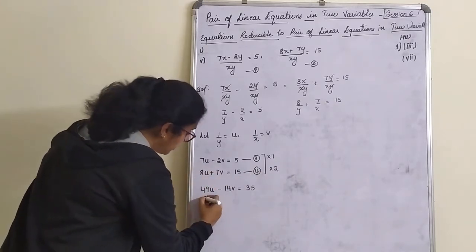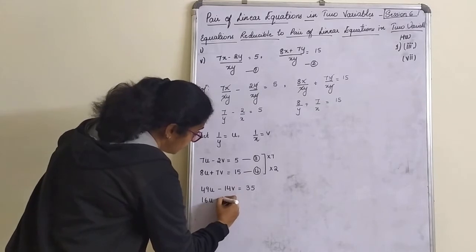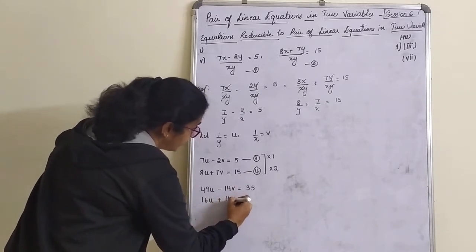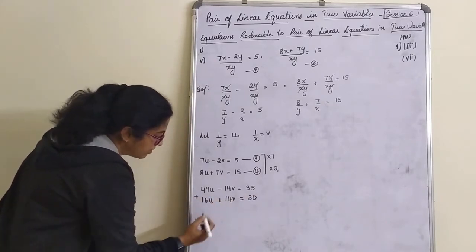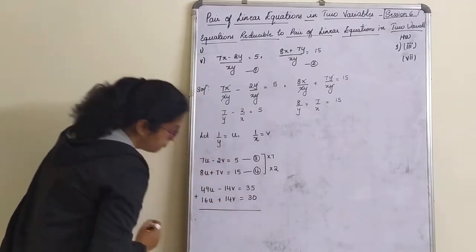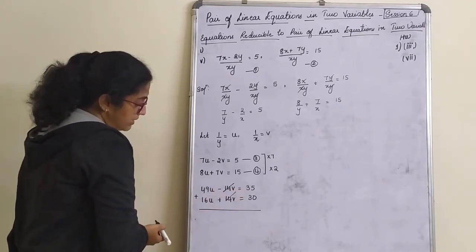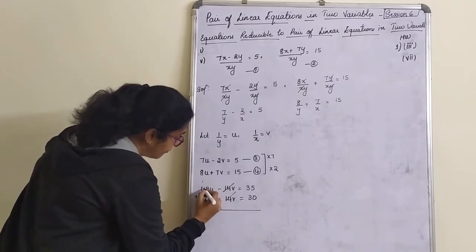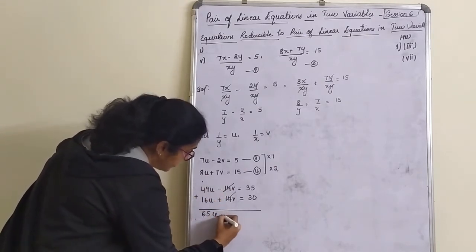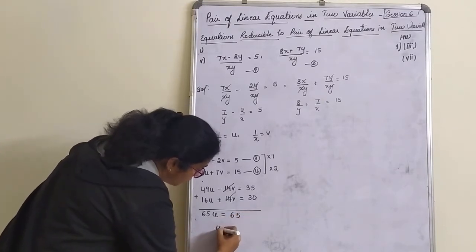So 8 twos are 16u plus 7 twos are 14v, 15 twos are 30. You are actually adding the equations. So 14v and 14v will get cancelled. 49 plus 16 is 65u, and 35 plus 30 is 65. So 65u is equal to 65. So u is equal to 1.